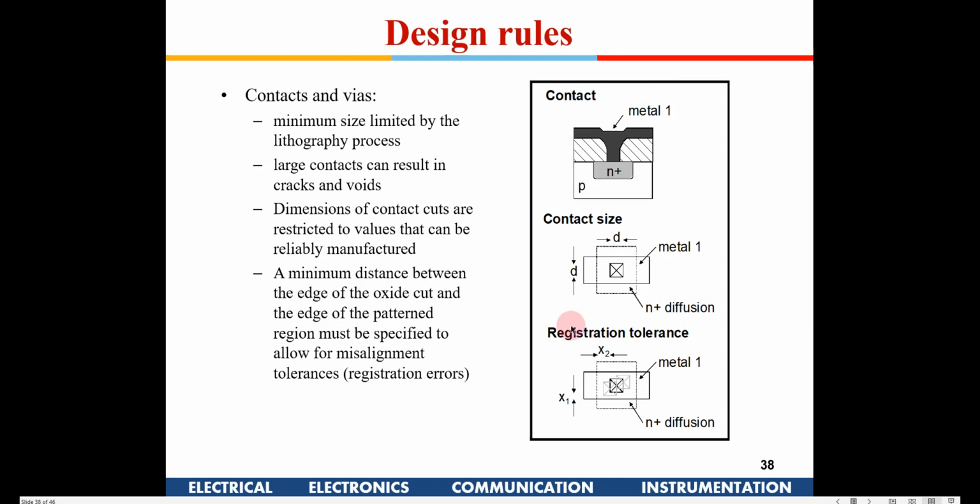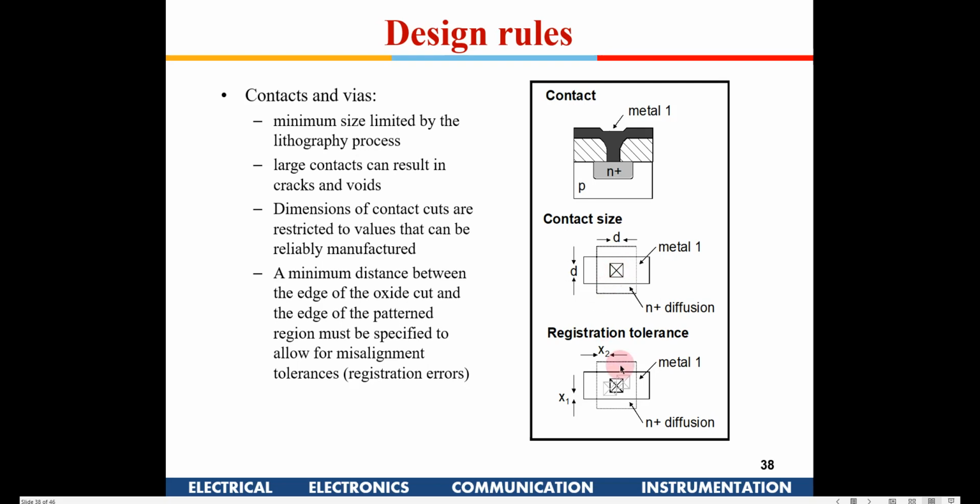Okay, similarly when you make contacts, right. In contacts, if there is a source region, you make a small hole here, and then you deposit aluminum to get a contact. The minimum size of that hole is also specified. You can't have a very small thin hole here, right.